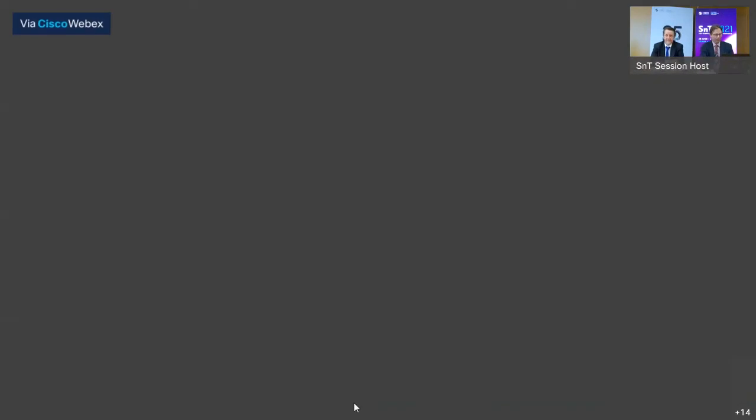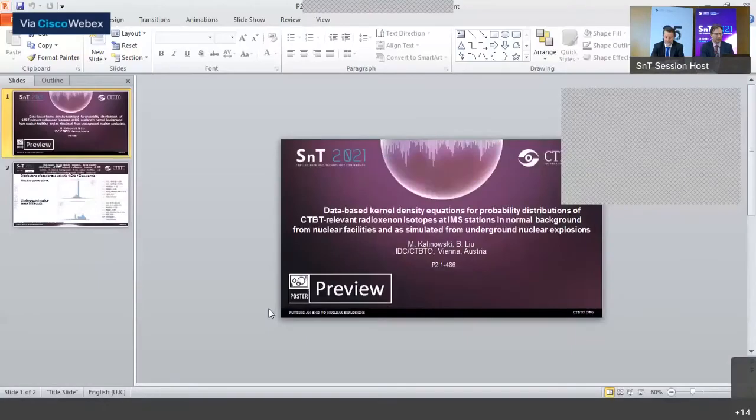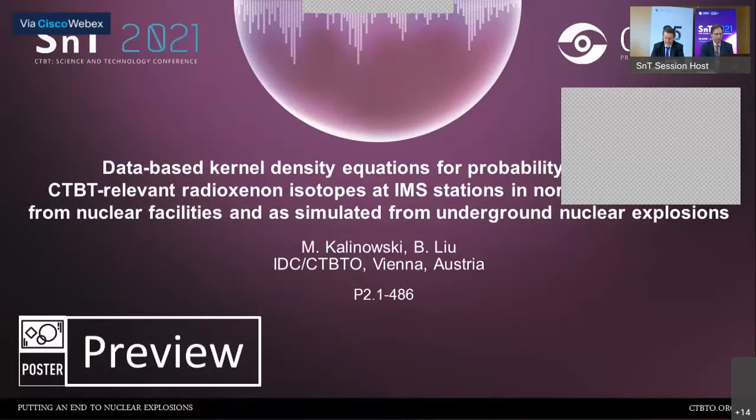The next one was on kernel density estimation, which I'm doing together with Boshue Lu, also at the IDC. You know that we have established an emission database from civil nuclear releases from nuclear reactors and isotope production facilities.